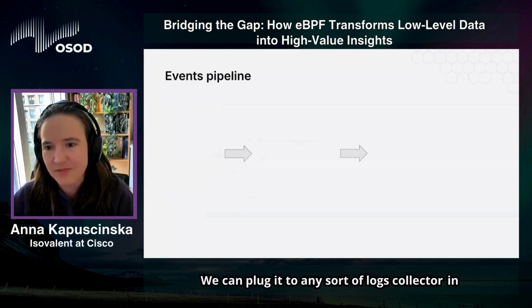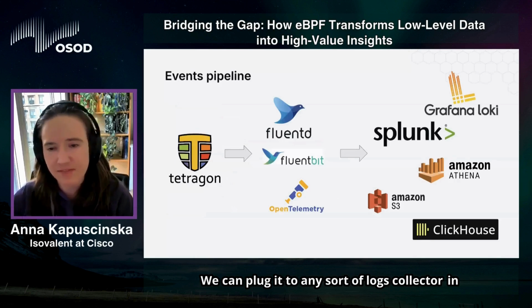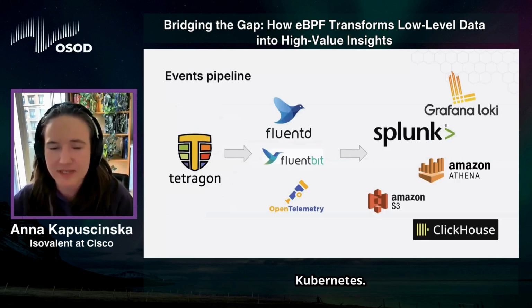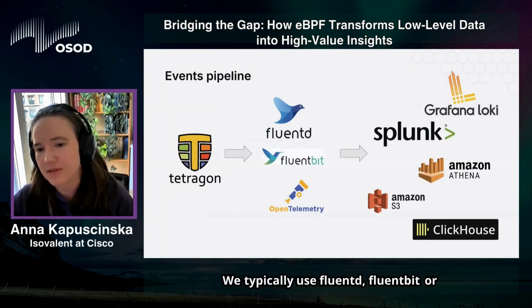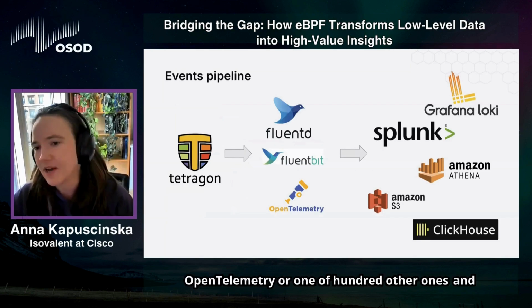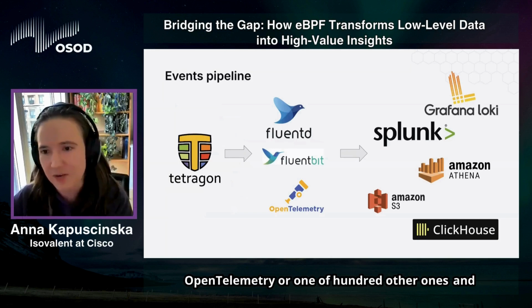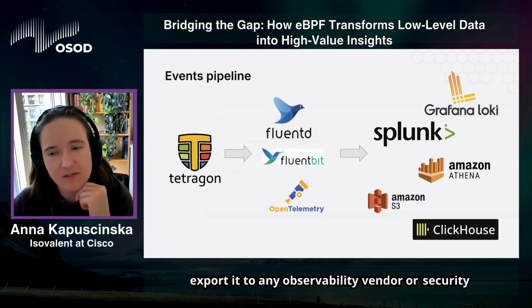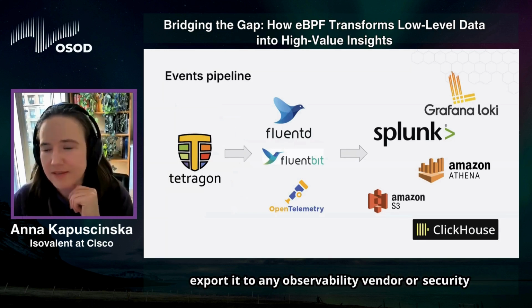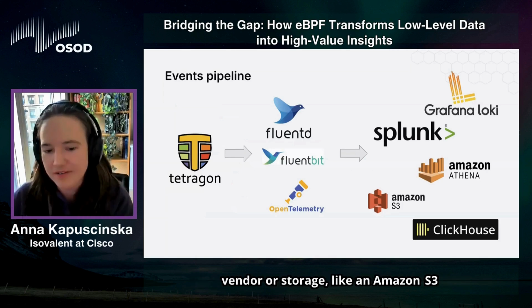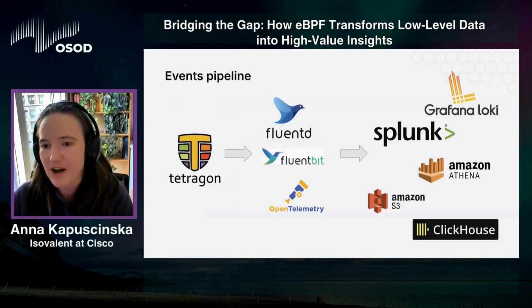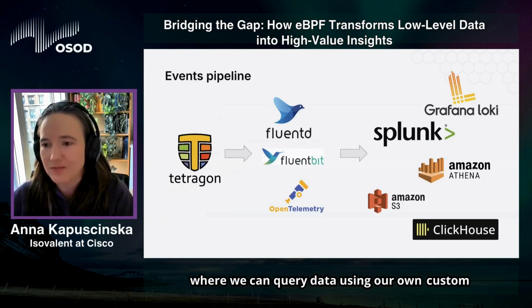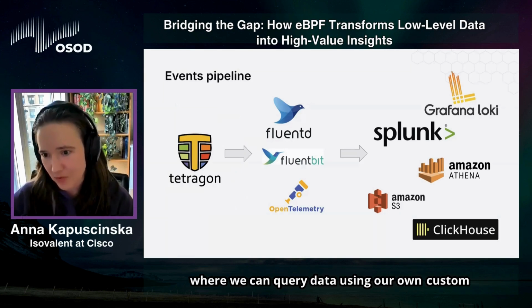We can plug it into any sort of logs collector. In Kubernetes, we typically use FluentD, FluentBit, or OpenTelemetry, or one of 100 other ones, and export it to any observability vendor or security vendor, or storage like Amazon S3, where we can query data using our own custom tooling.